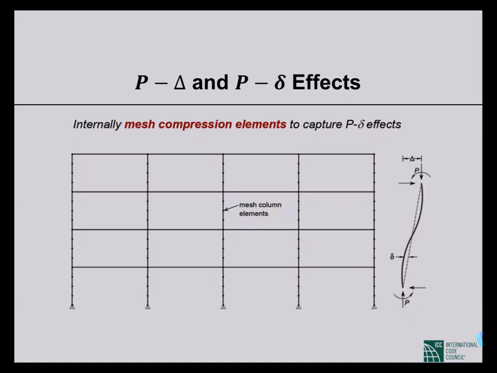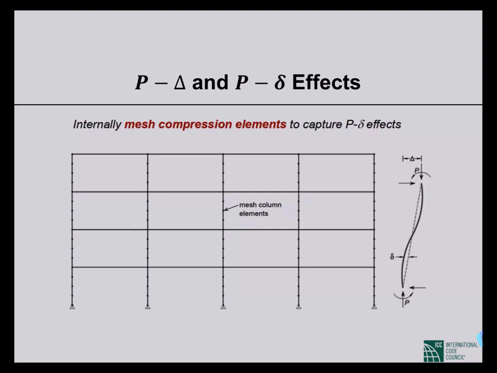For accurate analysis of P delta effect, we have to mesh the columns. This is interesting. Usually the beam column elements that are there in any software like ETABS, SAP, STAAD, whatever, the beam column elements are perfect, are exact.